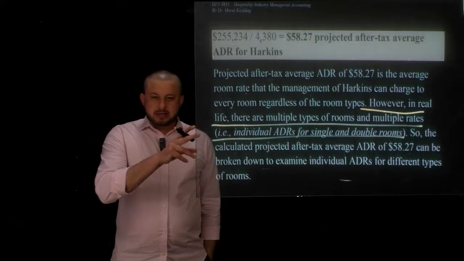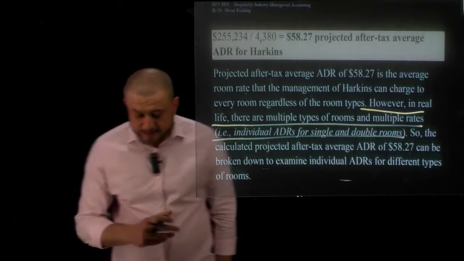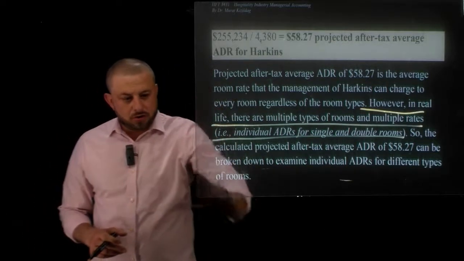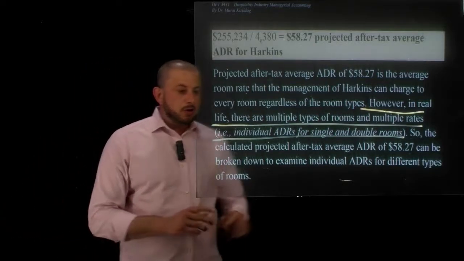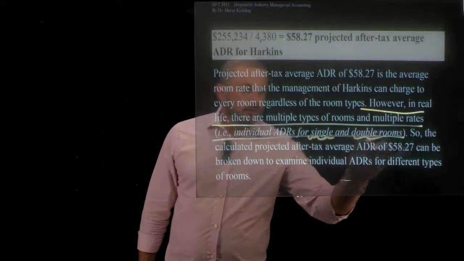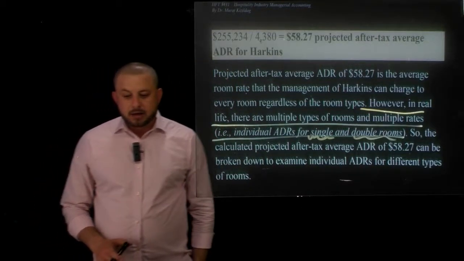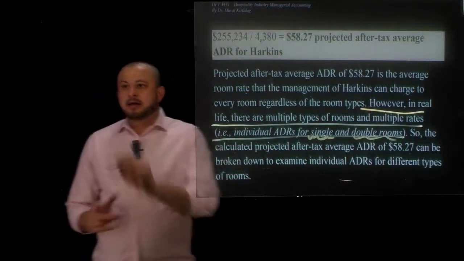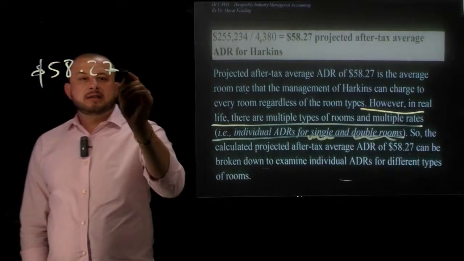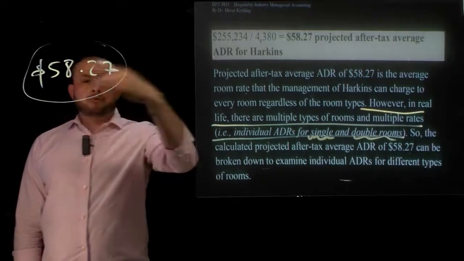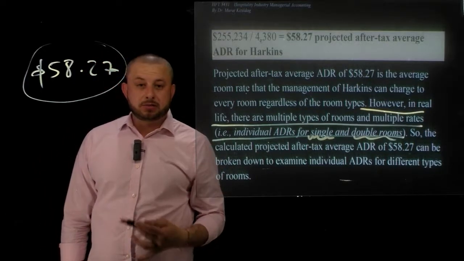I'm going to talk about this in a second, but let me just go over this part, and then I will talk about why you keep seeing single and double rooms over here. I'll talk about it. Okay, $58.27. This is for the overall operation, regardless of the room type.